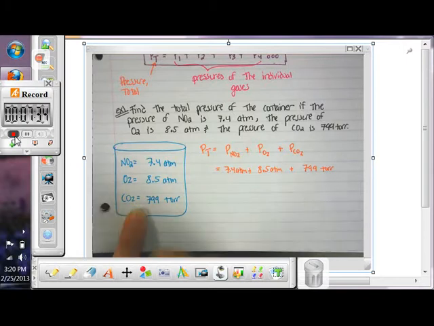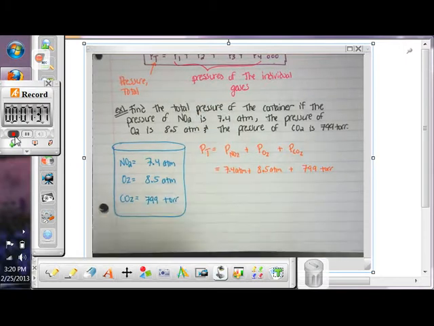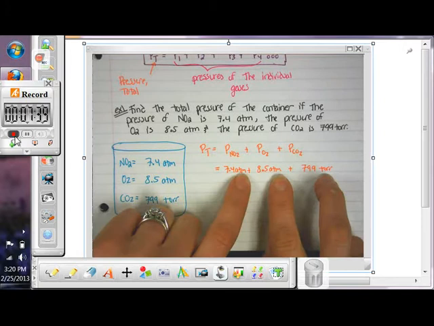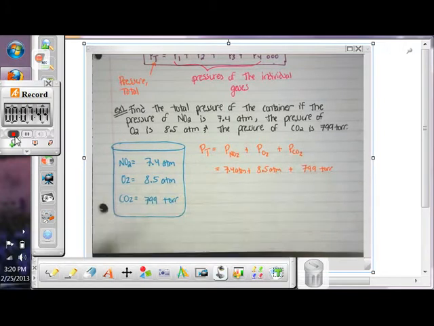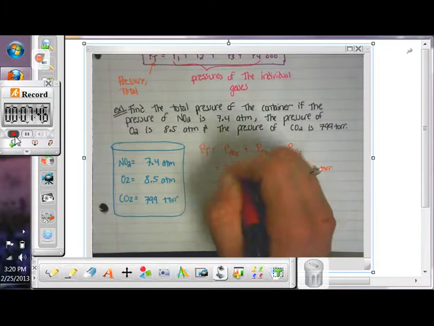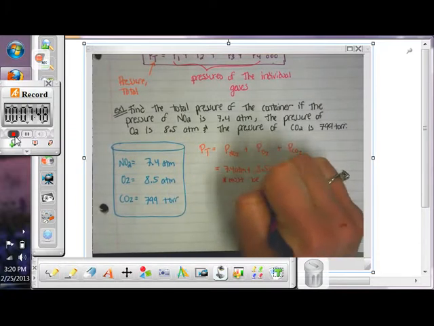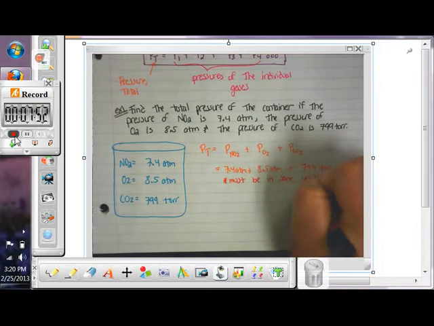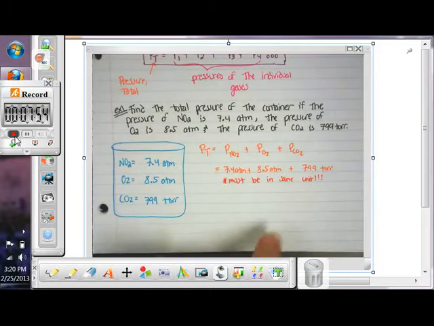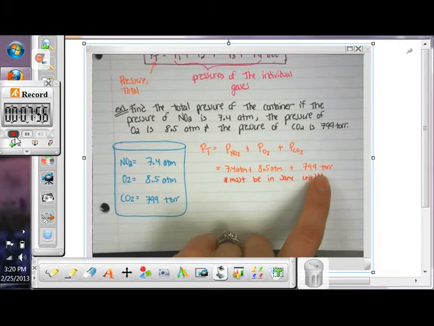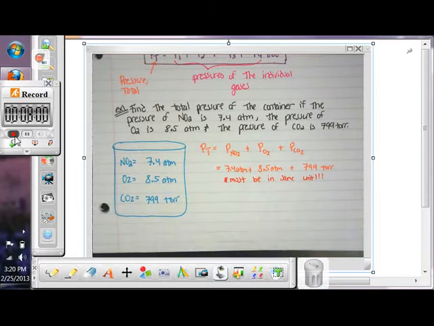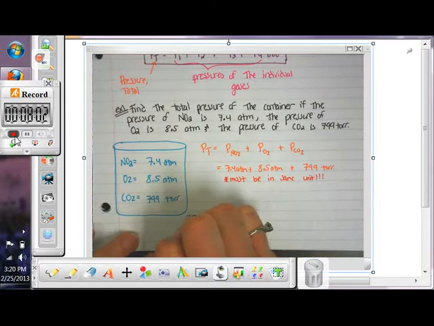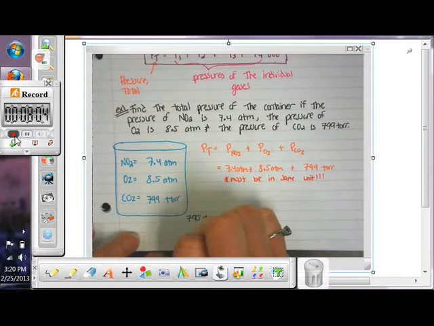Now here is just one trick about these problems: units. They have to be in the same unit. So I'm going to make a little note. Must be in same unit. So I'm going to go ahead and convert the torr into atm. So 799 torr.